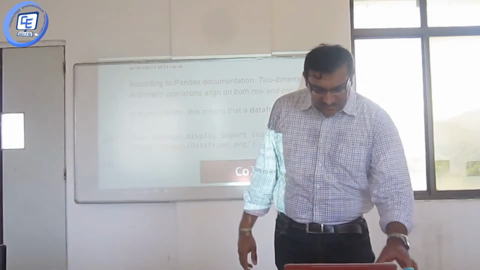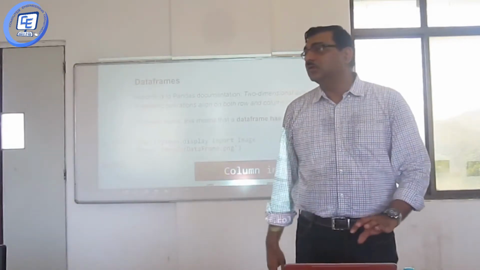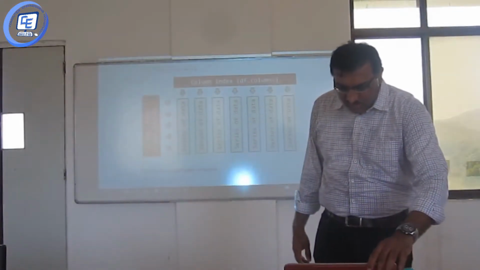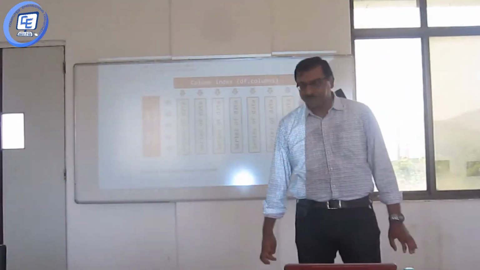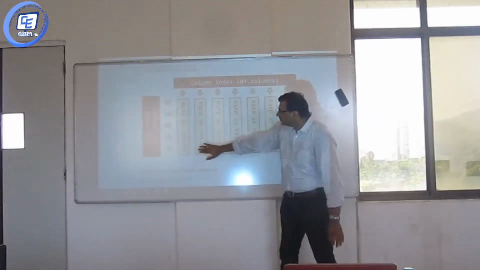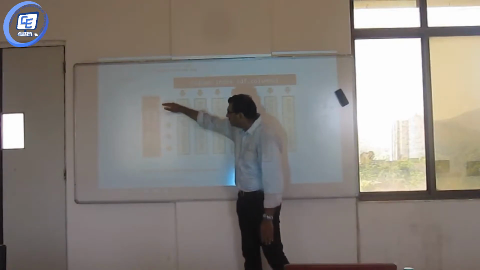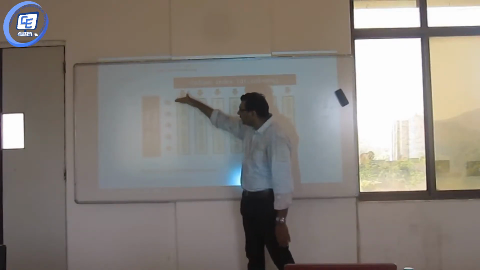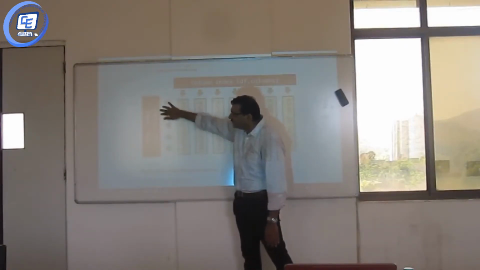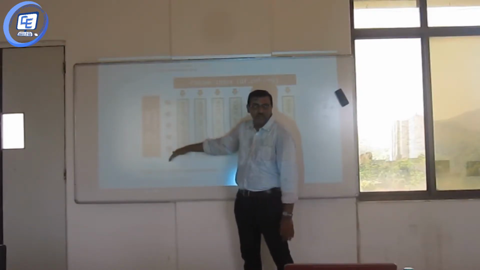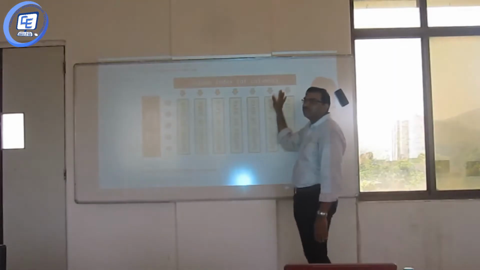So pandas is basically something known as a data frame. This is how a pandas data frame looks. There is a series of data, multiple series of data. You can imagine it like an array. This is df.index. df means data frame, df.index means row index, and df.columns means column index.